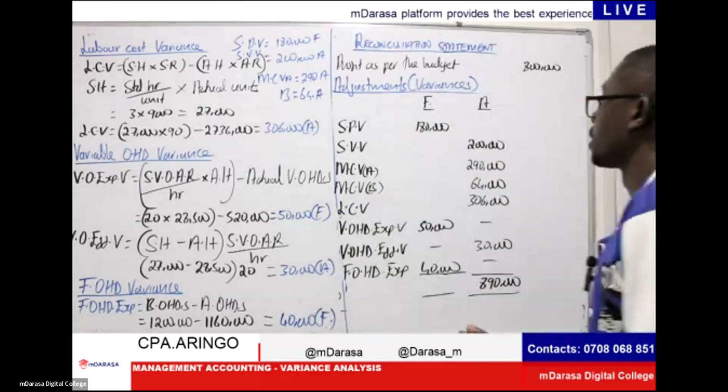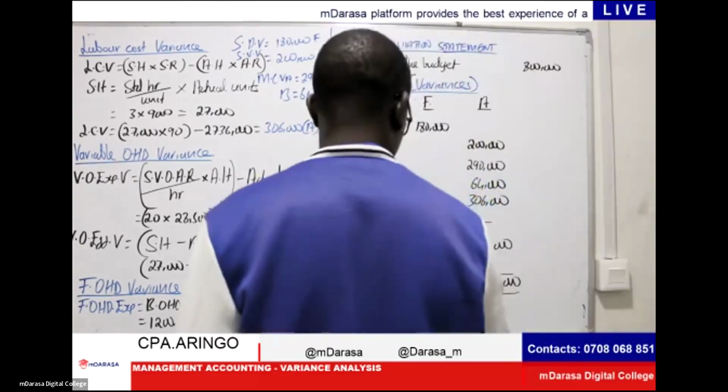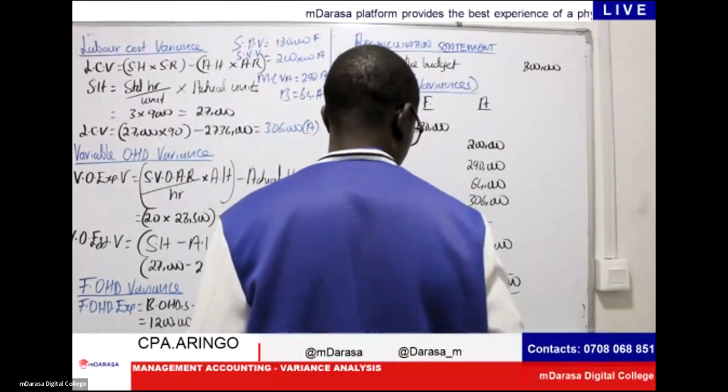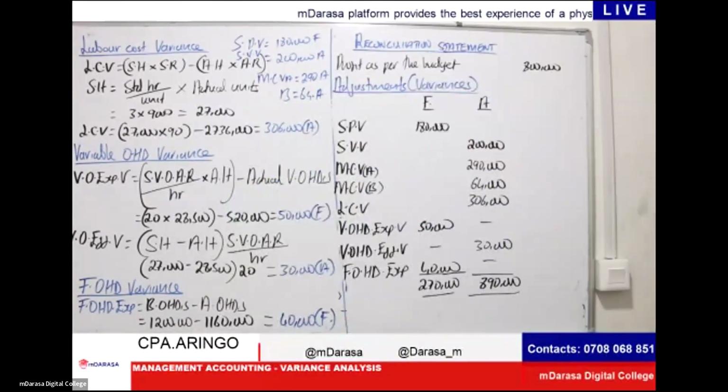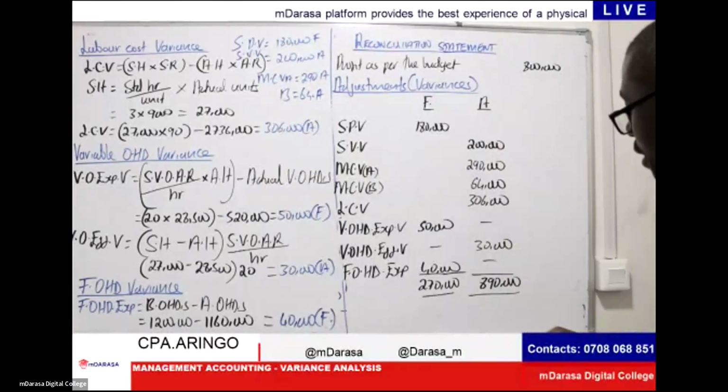Confirm on your end. Favorable 180 plus 50 plus 40, I'm getting 270,000. Confirm. So we have favorable 270, adverse 890.